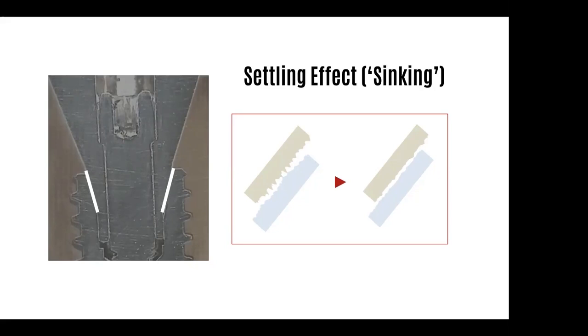These micro roughnesses get smoothed out over time, and the interface becomes in closer contact over time, which is called settling or sinking.